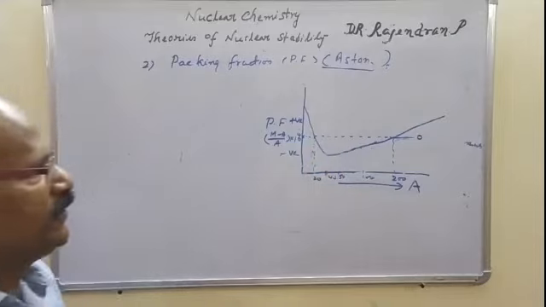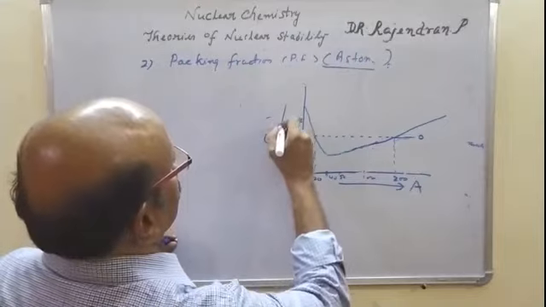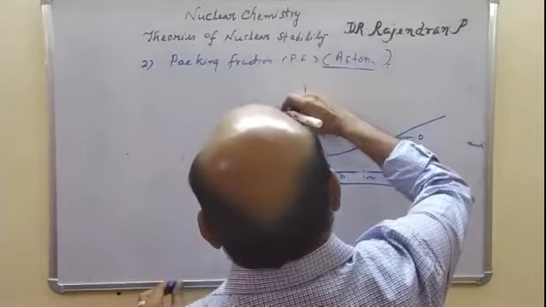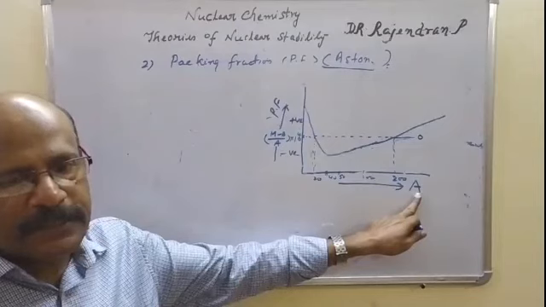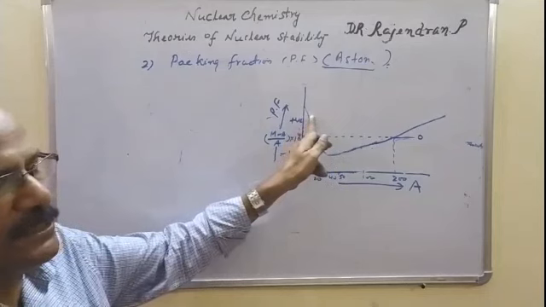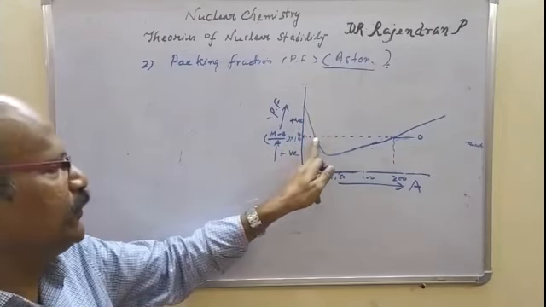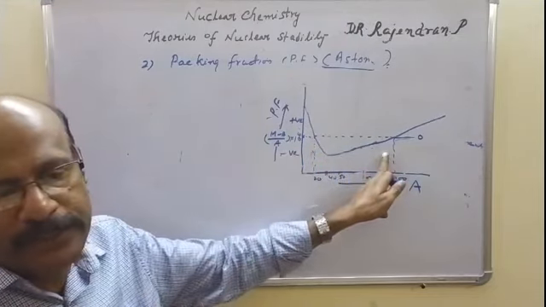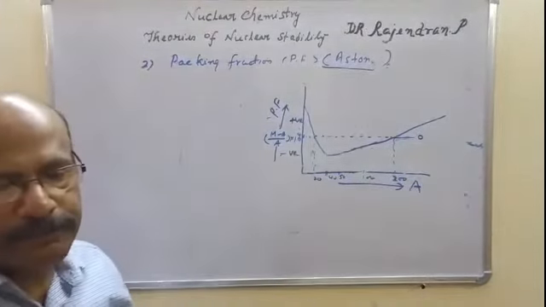If we plot packing fraction versus mass number A, the variation is such that the packing fraction of the lighter nuclei is positive, it crosses 0 and becomes negative, the negative value remains as a broad negative region, and beyond 200 it again crosses 0 and becomes positive.